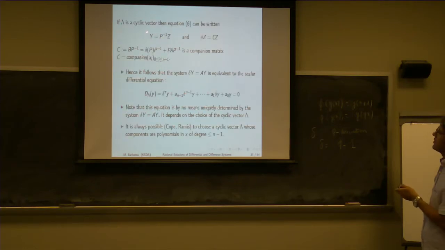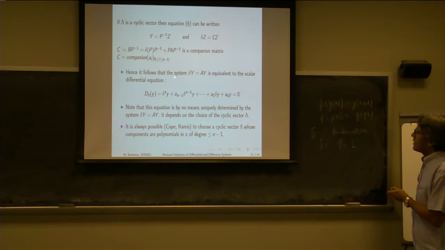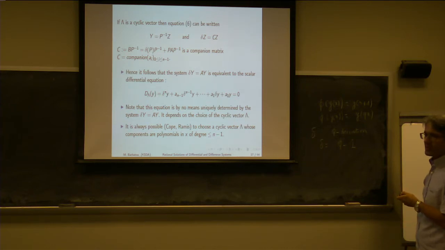Then if you replace Y by P inverse times Z, you get a system with a companion matrix C. So any system is equivalent to a scalar differential equation, provided, of course, that a cyclic vector exists.